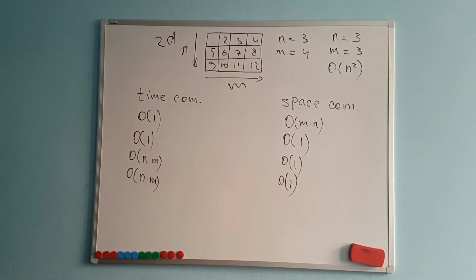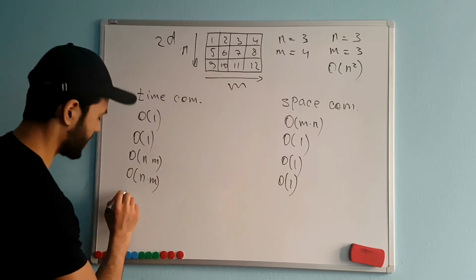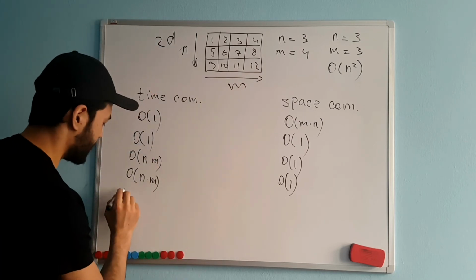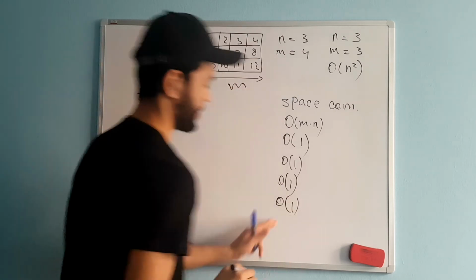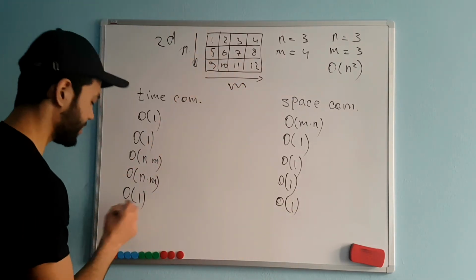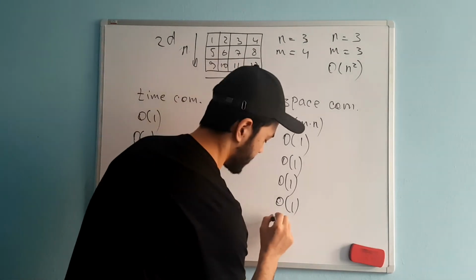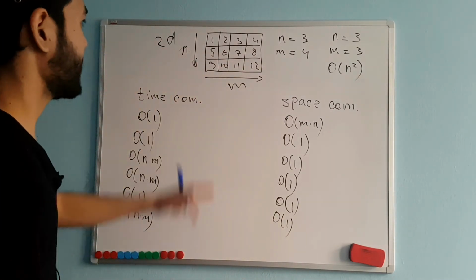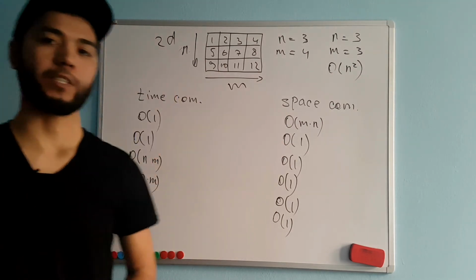And also for inserting at the last, the time complexity is constant time, and space complexity is also constant. For inserting in the middle or at the first, the time complexity will be n m, and the space complexity is constant. Okay, and this is how the space and time complexity work for two-dimensional arrays.